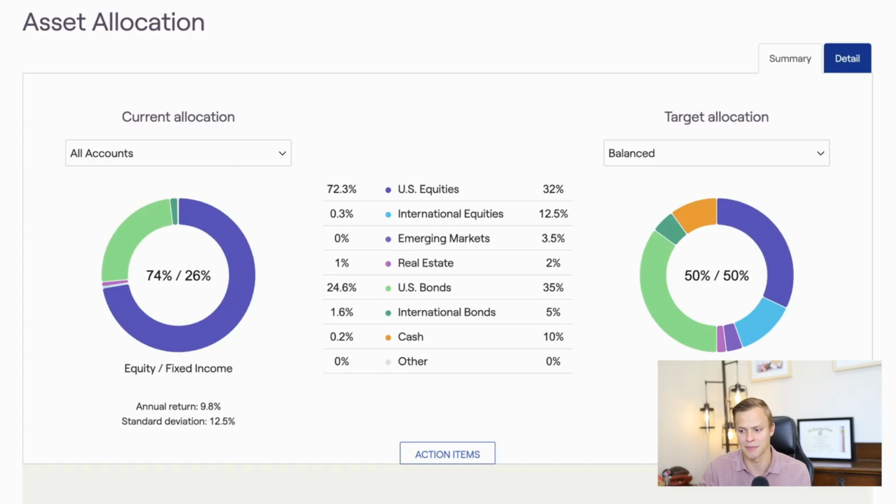At the end of the day, over-concentration into a single stock, into a single industry or sector, into a single asset class, or into a single geography can pose serious risk to your portfolio. If you are unsure of how you are allocated today, I encourage you, one, to start by just dividing that position into your total portfolio balance and seeing how much of your total portfolio that position makes up.